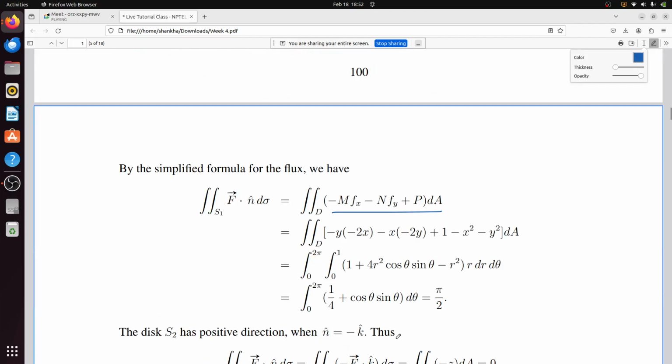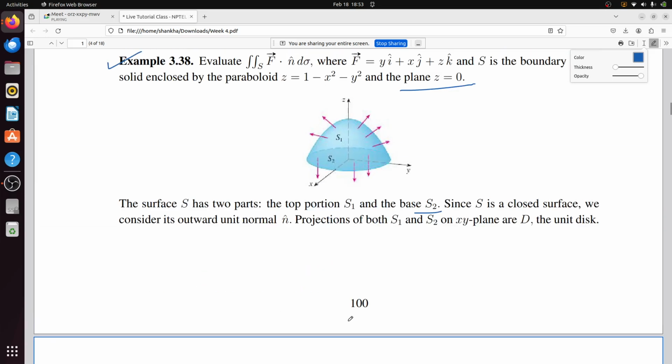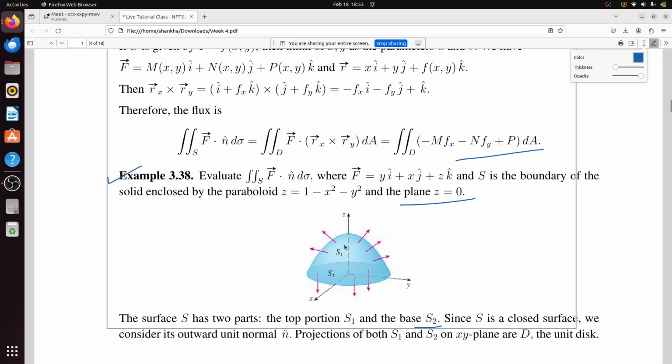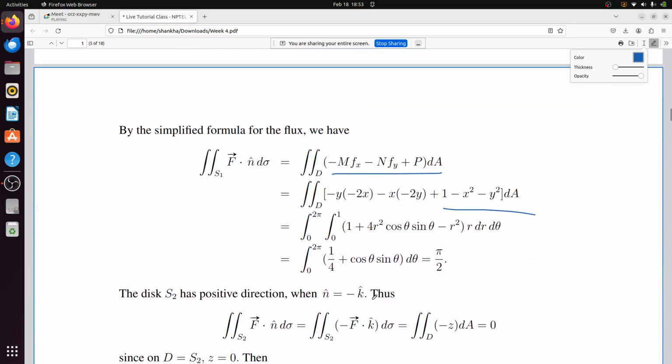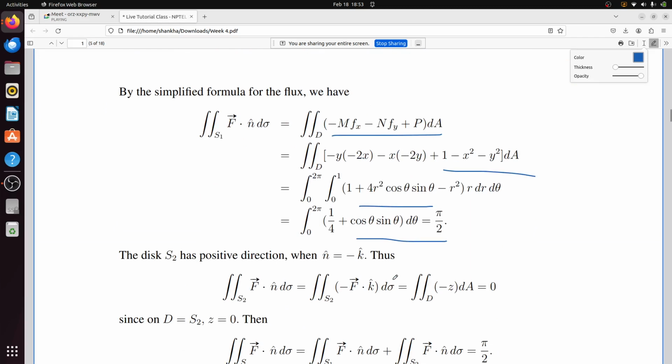Because you are to integrate over that, you have to replace this z by the functional form, and then you get this expression. Now you use the coordinate transformation, because the projection of this S1 on the xy plane is the unit disk. If you transform to the polar coordinate system, then you will get pi by 2.